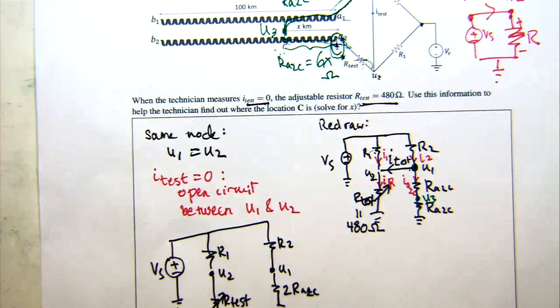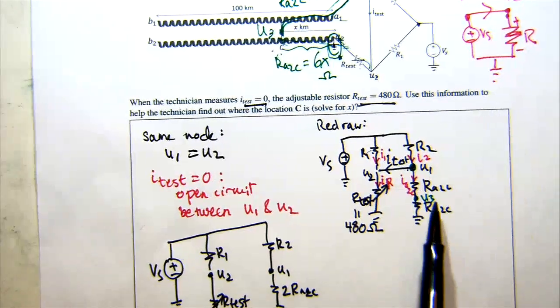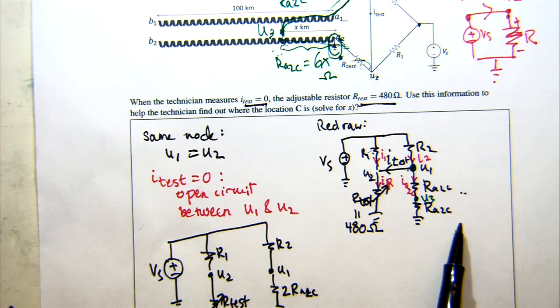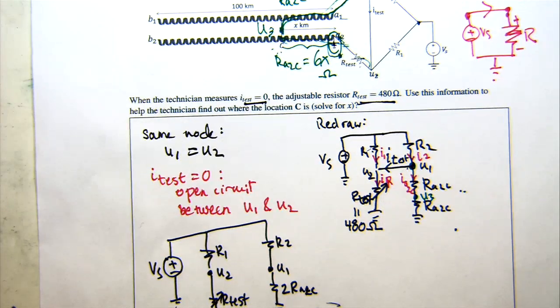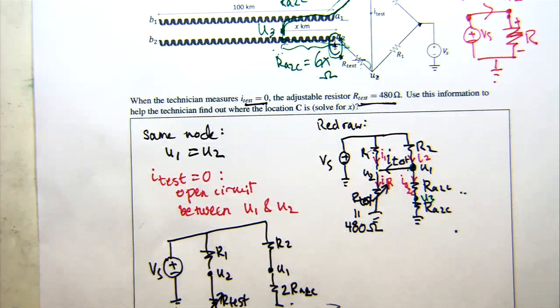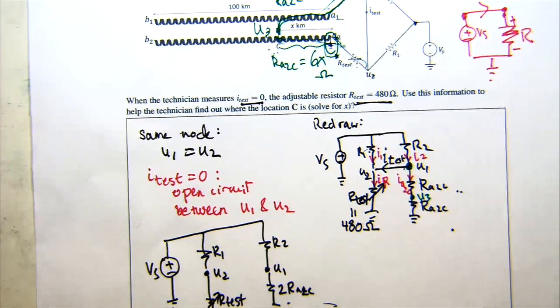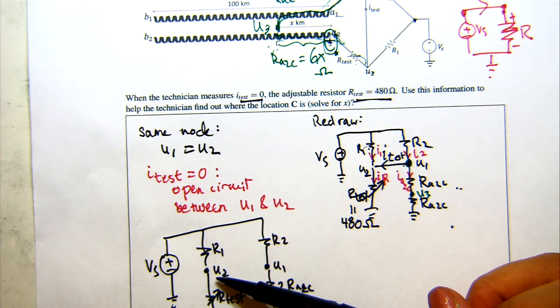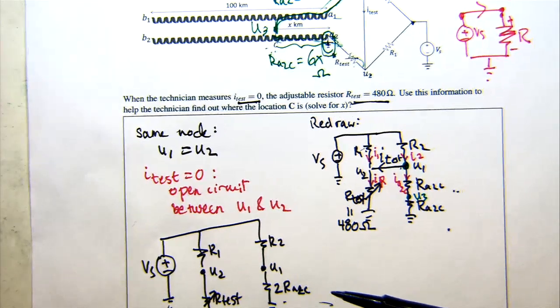And so just to simplify things, you'll notice that this resistor and this resistor are in series. So I've just combined them here. So I've added the 2 resistors together, right? And so is there any way we can calculate what the voltage at either U2 or U1 is?